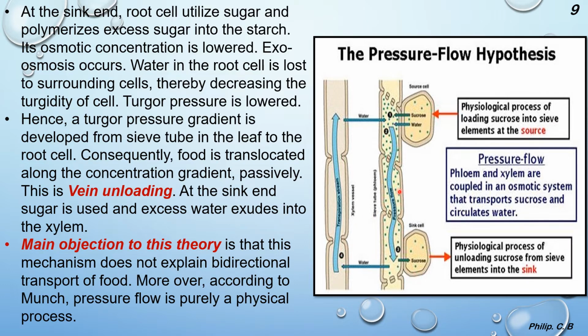Also there is a flow from the phloem into the xylem component as well. So pressure flow, phloem and xylem are coupled in an osmotic pressure that transports sucrose and circulates water. Physiological process of unloading sucrose from sieve elements into the sink. Here it is the loading process at the top region, here it is the unloading process.